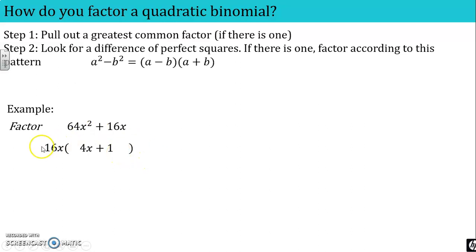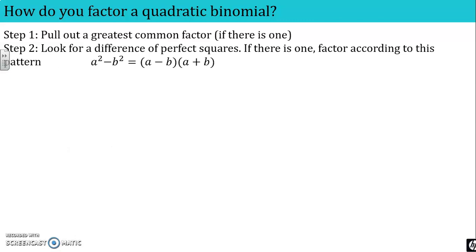Okay, so this is our final answer. We have correctly factored. This term times this term in parentheses brings us back to the original, but we've rewritten it as a product. Once again, I'm not going to check my work over here, but if you wanted to, you could double check that you've done it correctly by distributing this 16x back inside the parentheses.